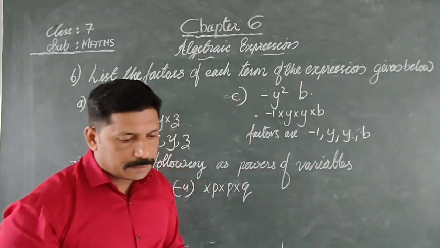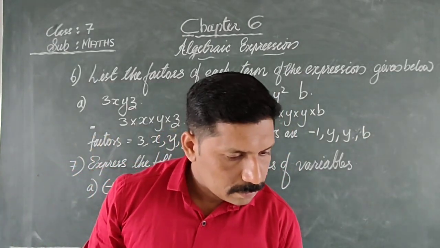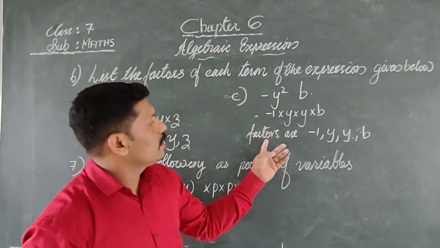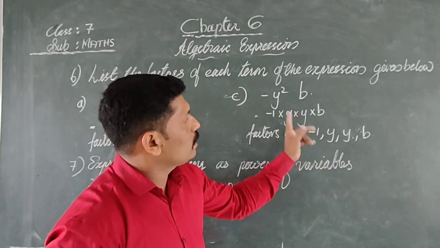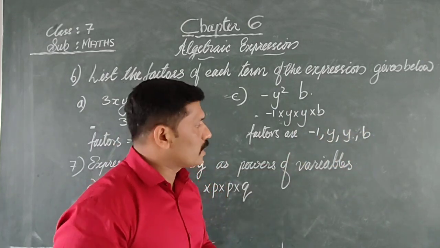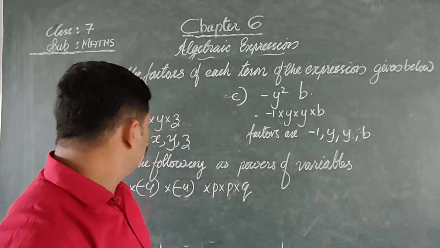So here factors are negative 1, y and b. These are the factors. So remaining one question that you can do yourself.